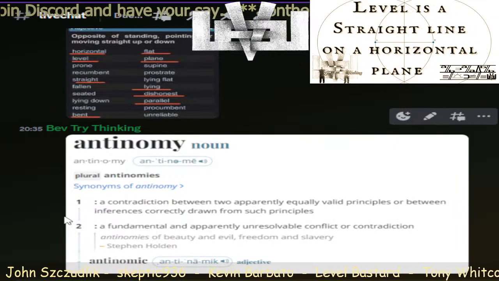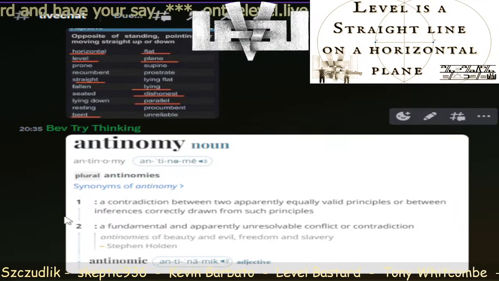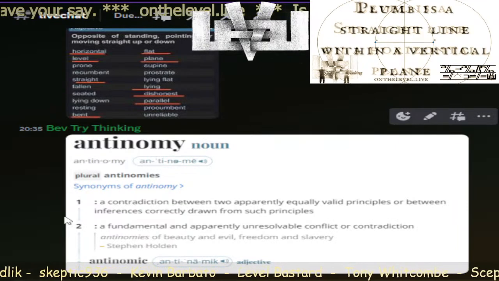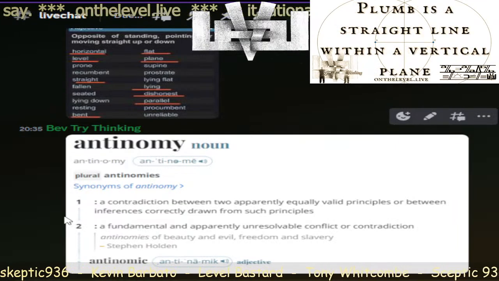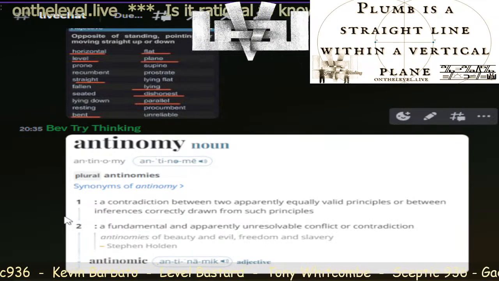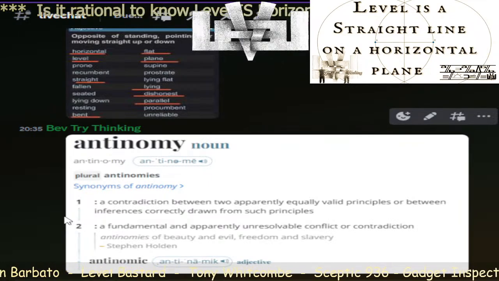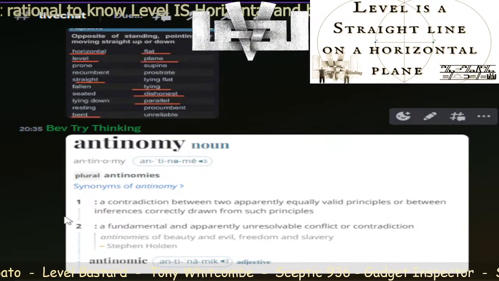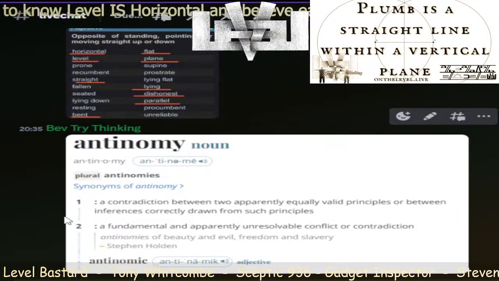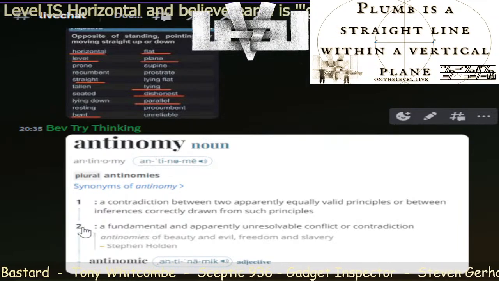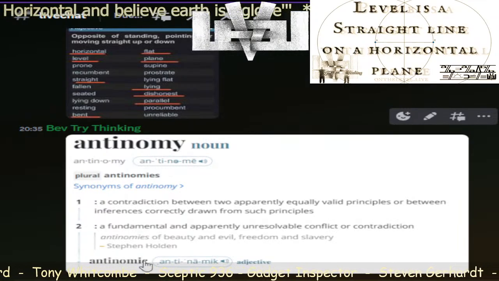Simple. You can always tell Flat Earth Society members. They have to add flat in places that it's not needed. It's a dead giveaway. Just talk about it.